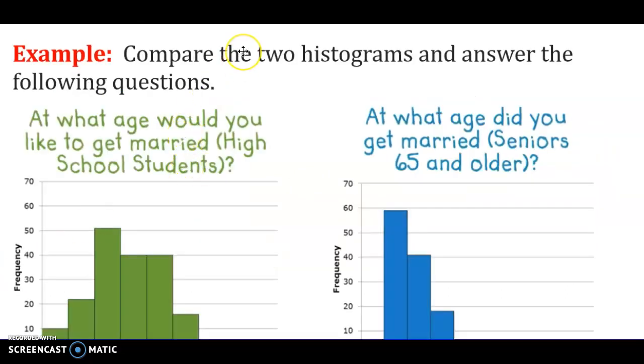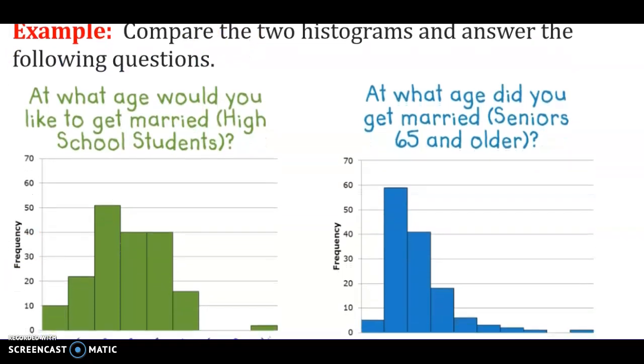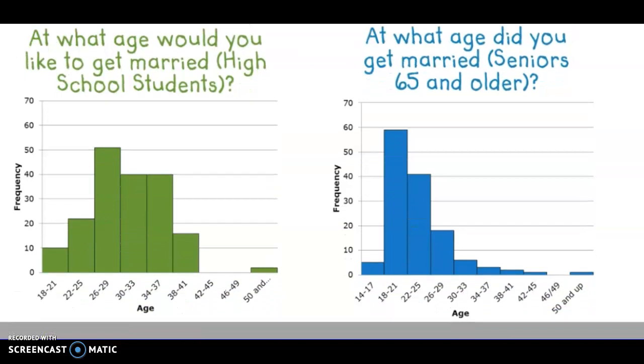Okay. Next, doing an example where I want to look at this data set and answer these questions. Okay, take a look here. This is a survey of high school students on when they thought that they would get married. And then this is a survey of seniors who are 65 and older.